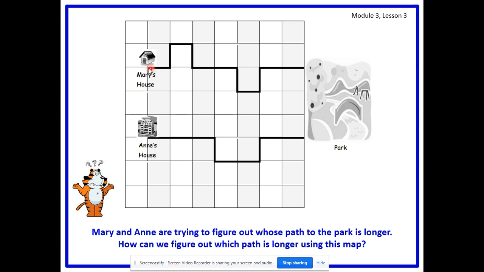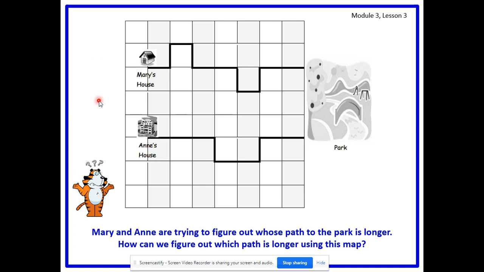So we're counting the lines from here to here, and then from here to here. For example, how many of you have walked with your parents or another adult down the street or down your neighborhood? Yes, I see some hands up. Well, these are just like that. They're city blocks.